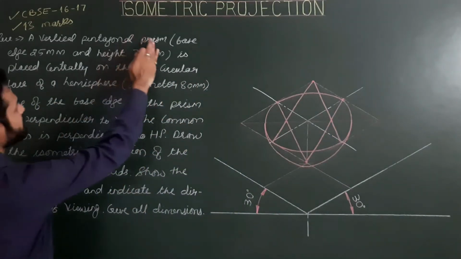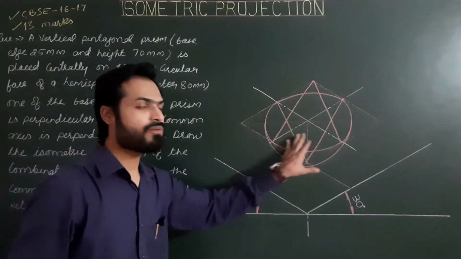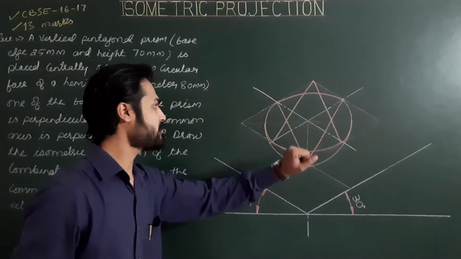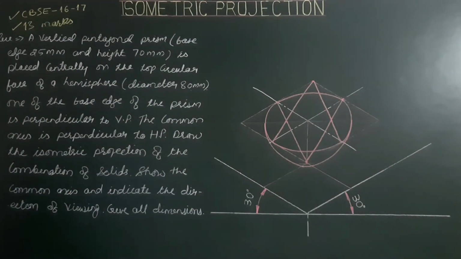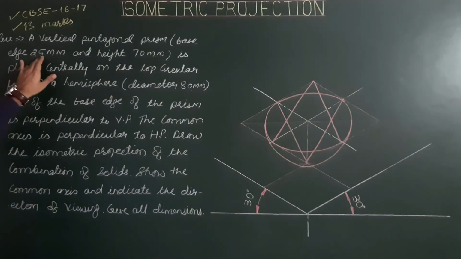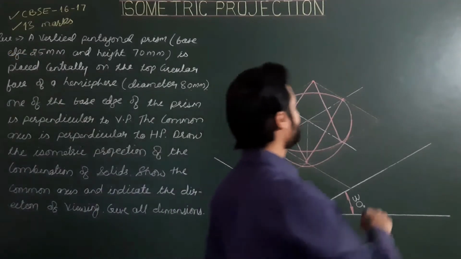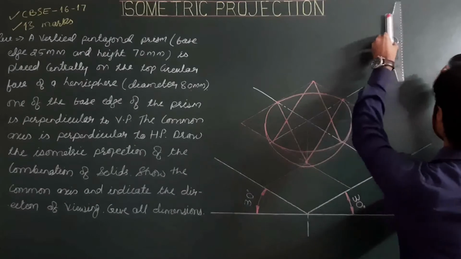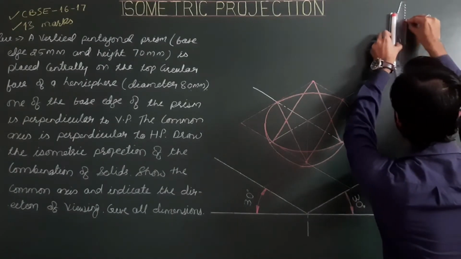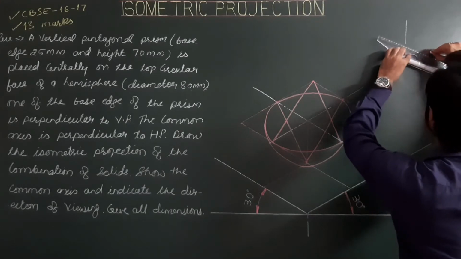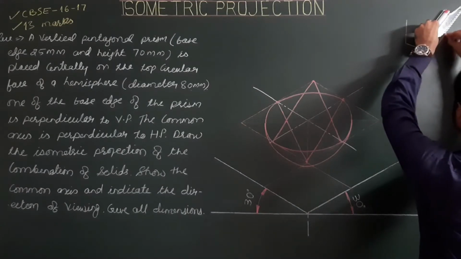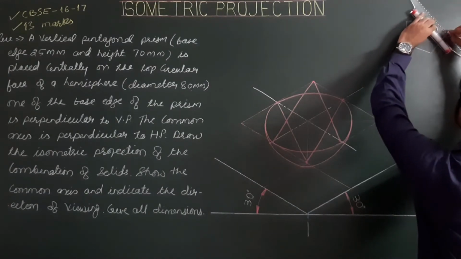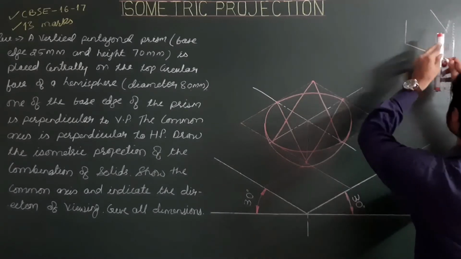Now the pentagonal prism is resting on the circular face of the hemisphere. So for projecting the pentagonal prism, first we have to draw the pentagonal base of the prism by taking edge or side equal to iso 25. So drawing a helping figure for the pentagonal base. The helping figure is a regular pentagon of size iso 25.